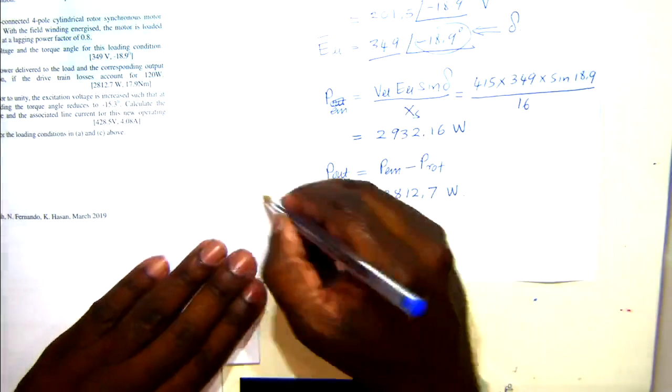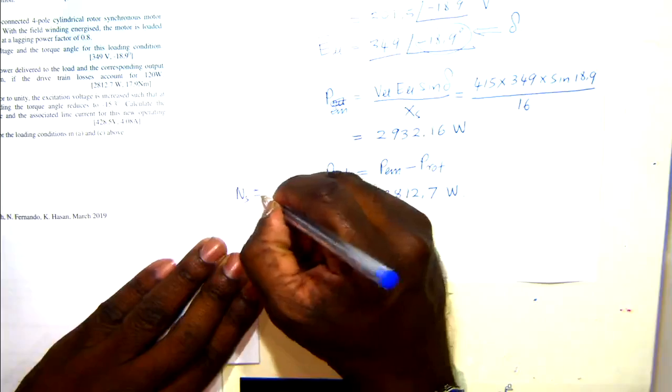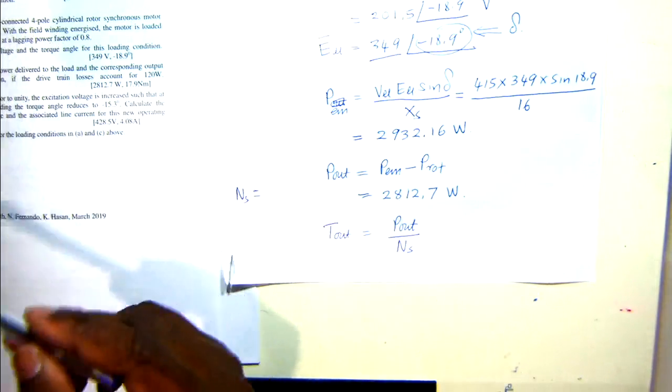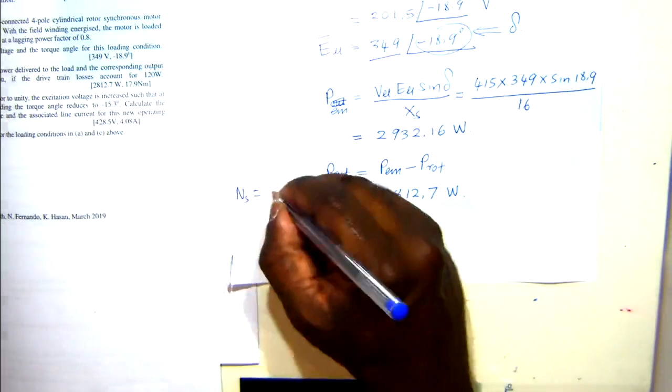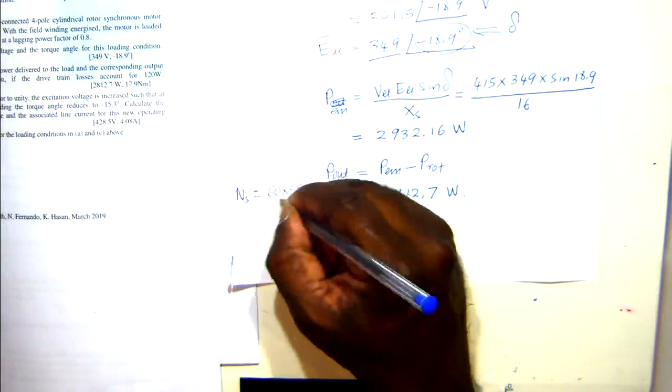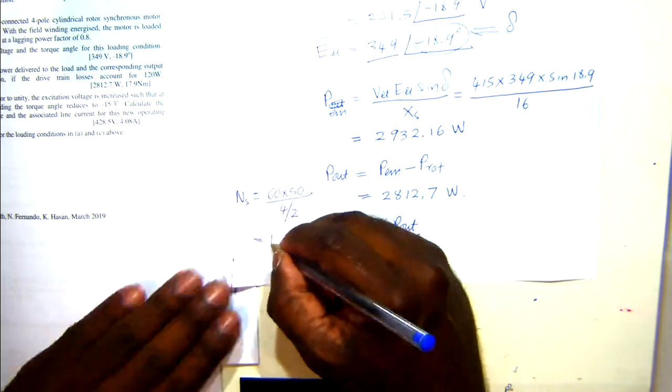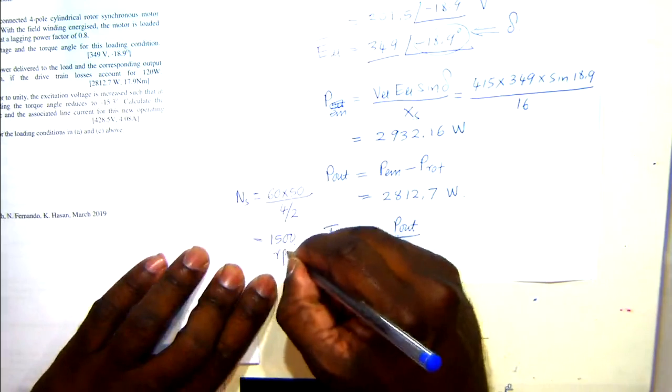With synchronous speed, let's say 50 hertz, 4 pole, that will be 60 times 50 divided by the number of pole pairs, which is 1500 RPM.